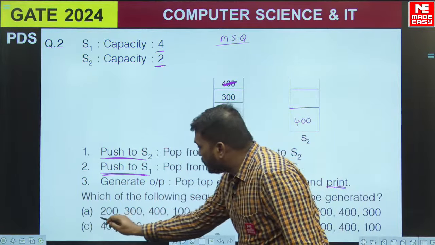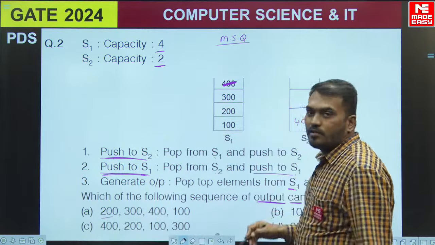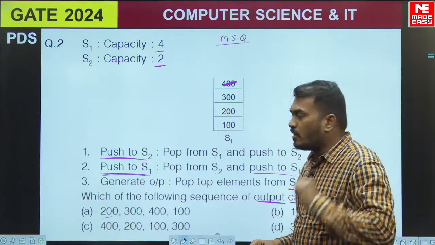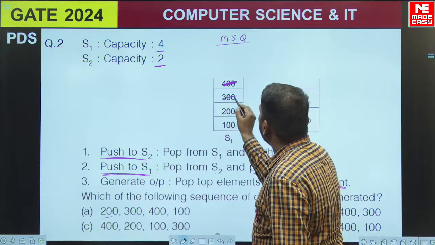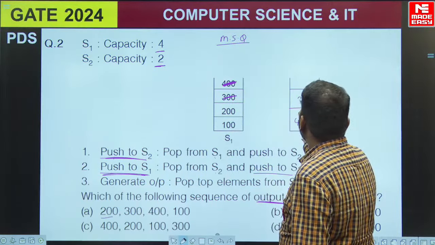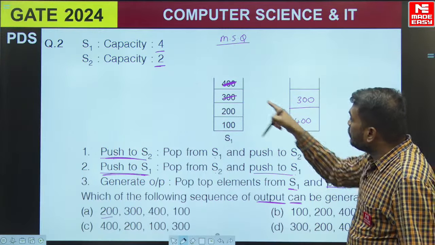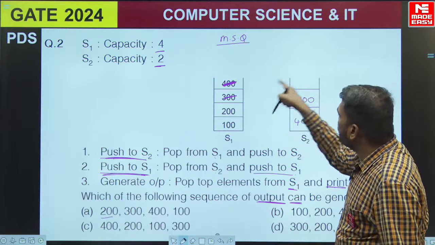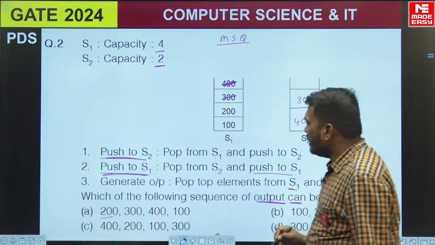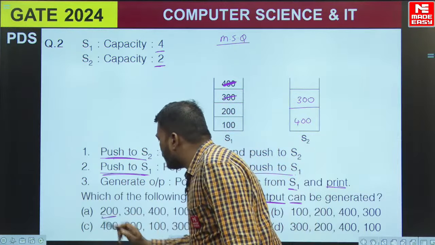Next, first you want 200, please understand here. So it means you want to keep the top of the stack as 200. So then you pop the 300 from here and push into S2. Remember, S2 size is only 2, you cannot push any other element. Okay, fine. So now, is it possible to generate 200 here?